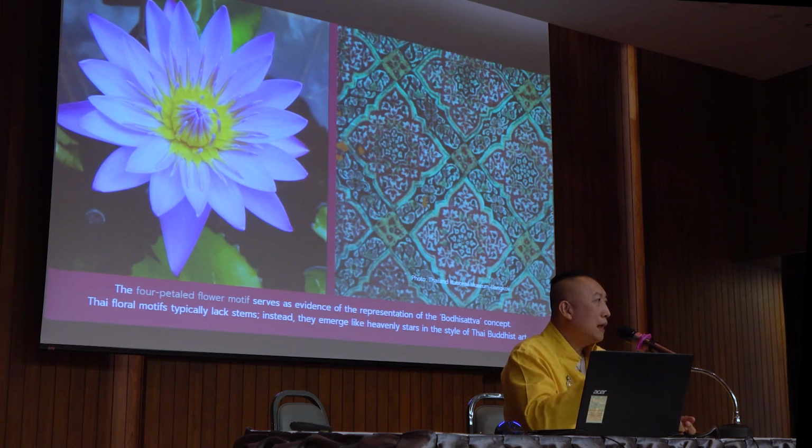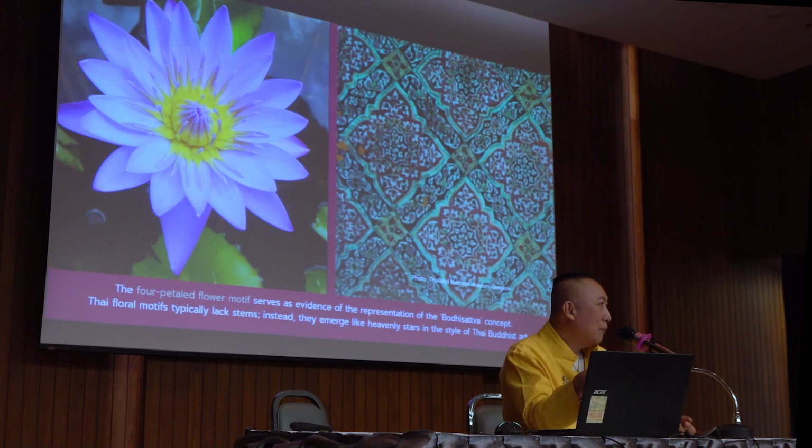So all Thai art is there, but no one told you the concept behind it. They just name it the star pattern, but don't say what the meaning behind it is.